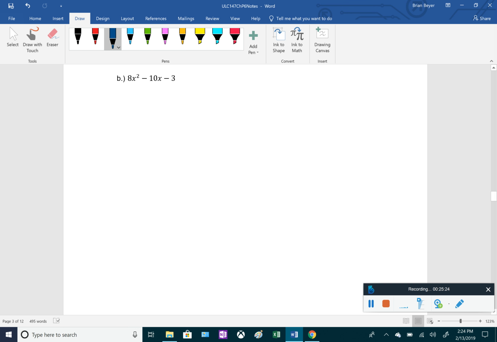So we have 8x squared minus 10x minus 3. For this one, we're going to split up the x term again. So it's going to be 8x squared plus something x plus something x minus 3. So we need to find those two blanks.